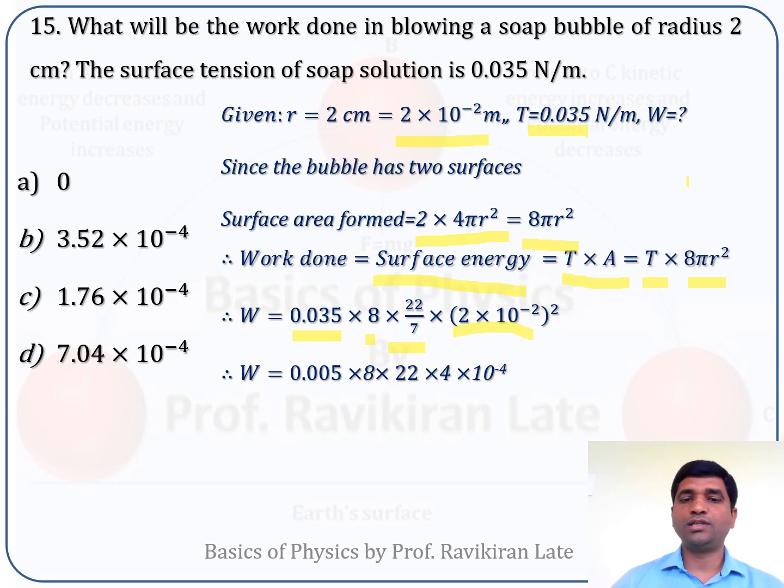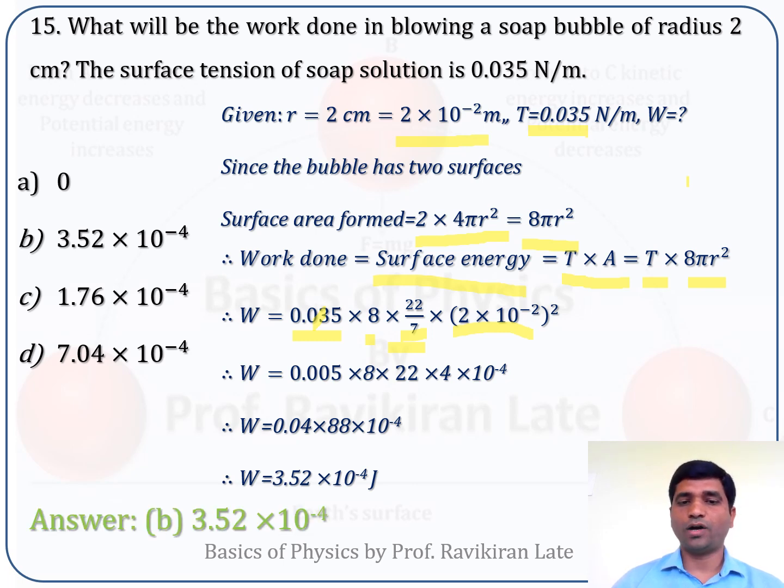If I substitute in this expression, I can divide this 7 and this 35, which comes out to be 0.05. 8 as it is, 22 as it is, 2 square will be 4, and 10 raised to minus 2 whole square will be 10 raised to minus 4. If I further simplify this, I'll get 3.52 into 10 raised to minus 4.